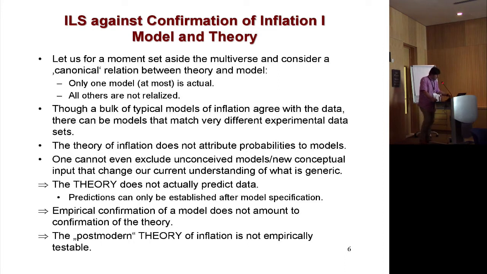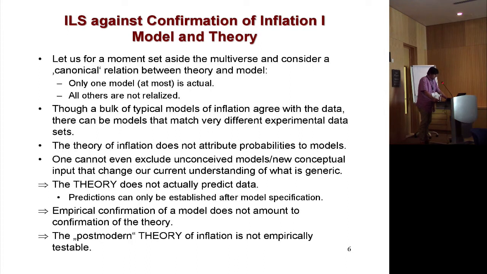And so the main claim of ILS is that even though there can be a bulk of typical models of inflation that agree with the data and that physicists take to be typical, there can be models, if you get more complex, that match very different experimental data sets as well.